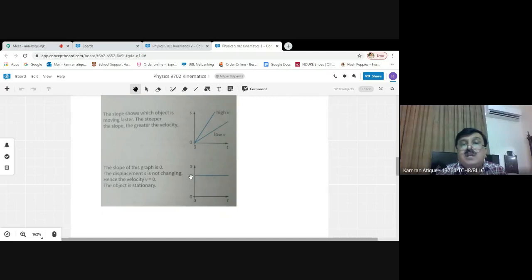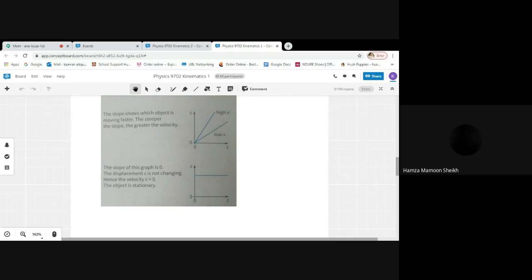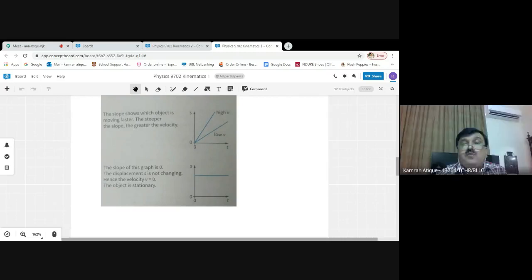Just suppose this particular object is 20 kilometers away from the reference point when we started our stopwatch. Is it okay, Hamza? Yes, sir. We checked that time is passing by. We have taken 5 to 10 readings, and the object remained at the 20 kilometer position away from the reference point. So that's why we can say the object was not moving. Its graph is a straight line parallel to the x-axis.